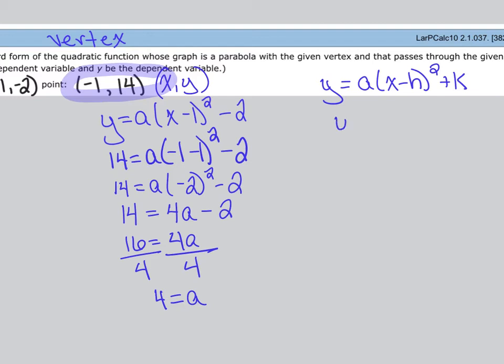Your answer is Y equals 4 times X minus 1 squared minus 2. Okay. Can I go to the next screen? We good? That's not too bad when you think it through. When you think through what you're doing.